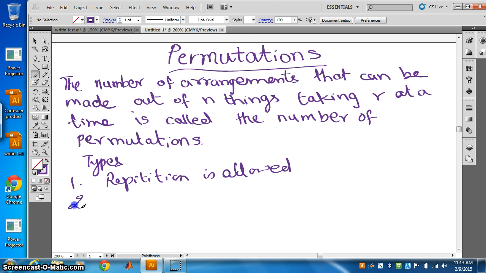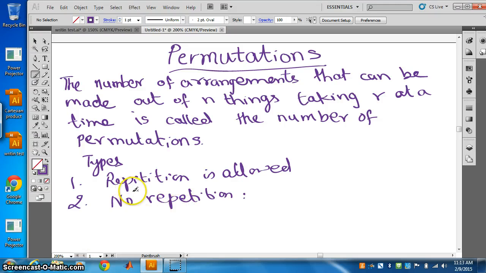Second one, when repetition is not allowed. No repetition. For example, the first three people in a running race, you cannot be first and second and third all at the same time. So no repetition.